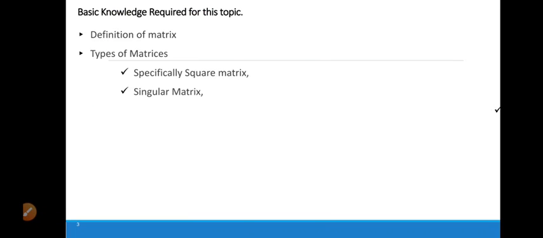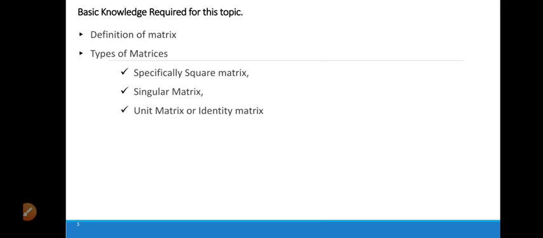Now let us see the basic concepts required for this unit number 1. Definition of matrix, which you have learnt in 11th and 12th standard. Second, types of matrices. There are different types of matrices, but out of those, here we should know square matrix, singular matrix, and unit matrix, which is also called the identity matrix. So square matrix is a matrix which is having equal number of rows and columns.